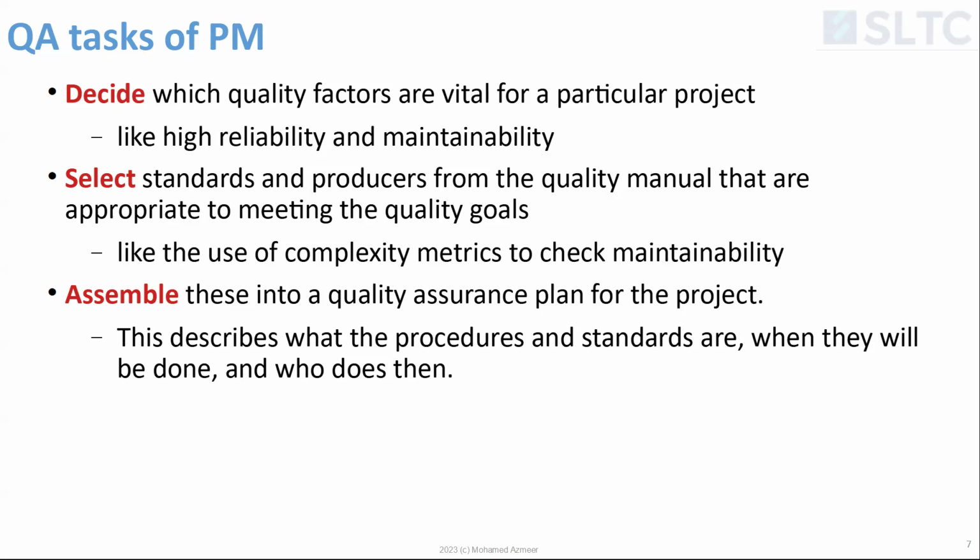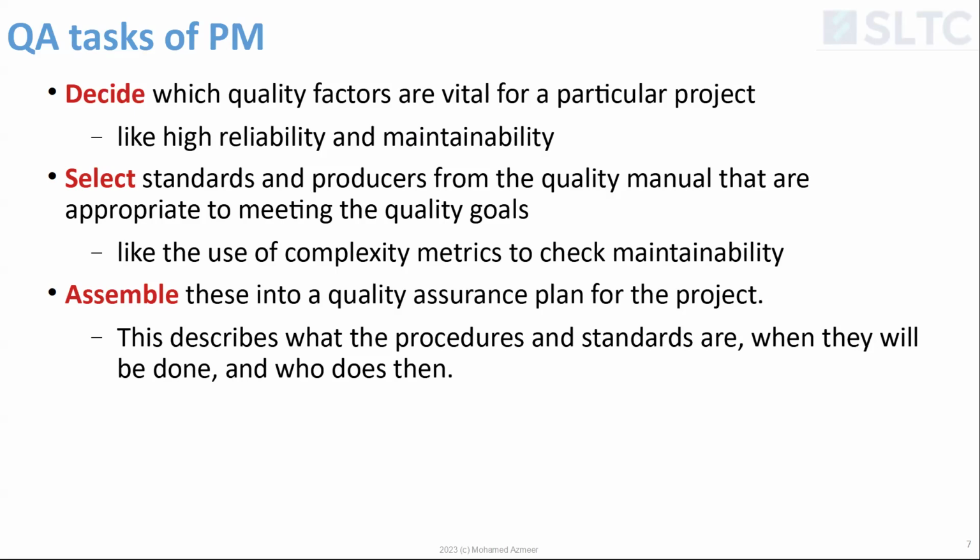And the last one is assembling, right? After you select and decide, you bring them to the ongoing project. Assemble these into a quality assurance plan for the project, right? Then the PM has to inform the staff, everyone in the team, okay, this is our quality standard and these are our quality factors.